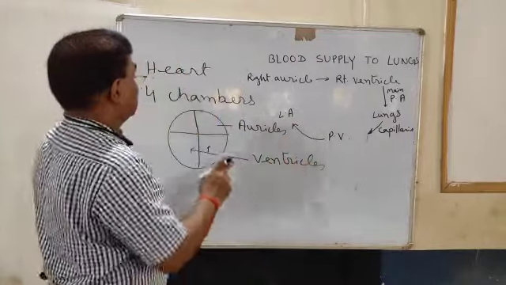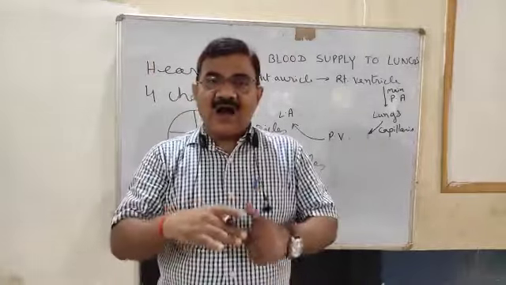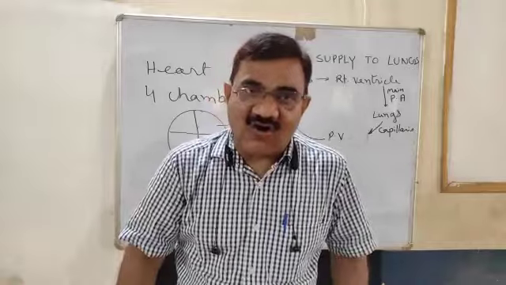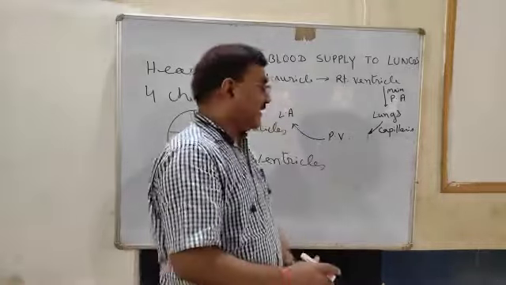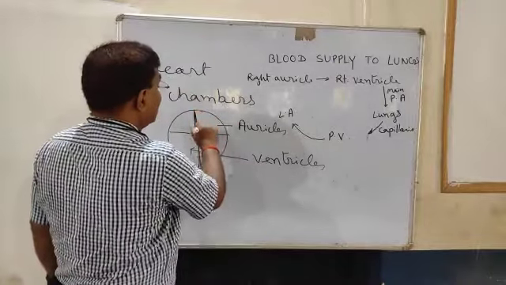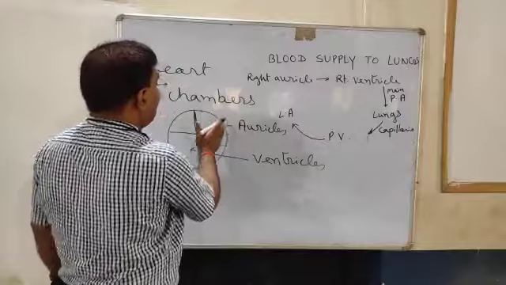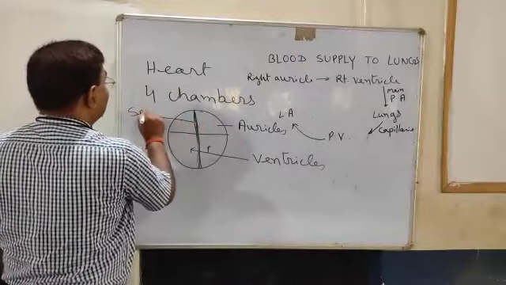Very clear or not? So the human heart has 4 chambers. A wall between the left side and the right side is called the septum.